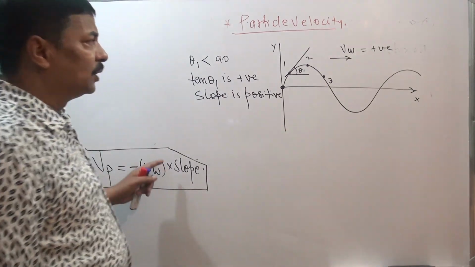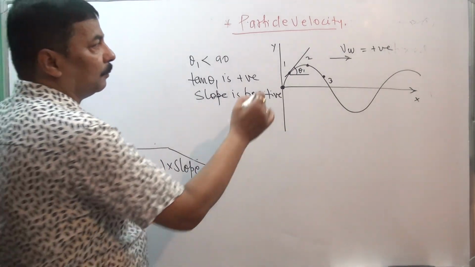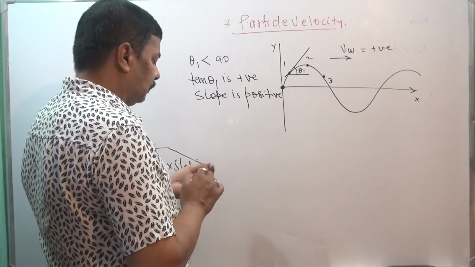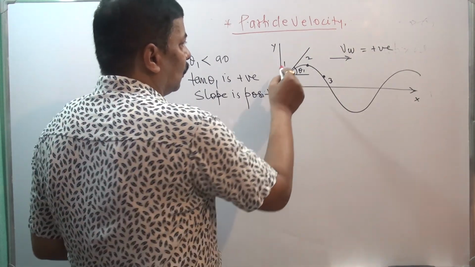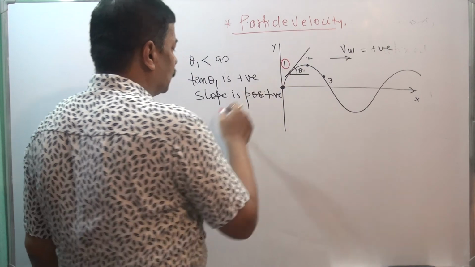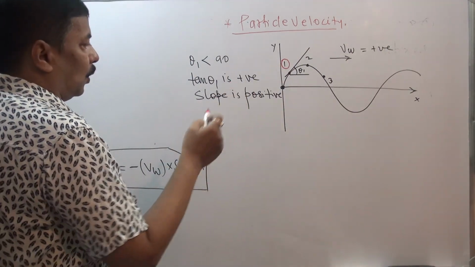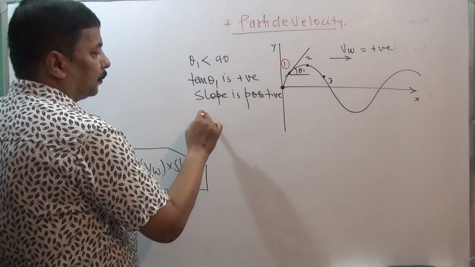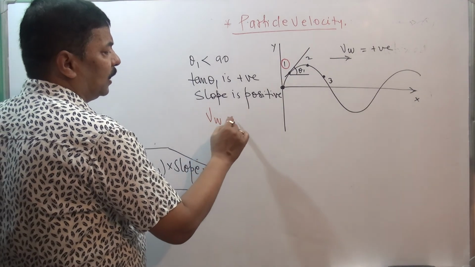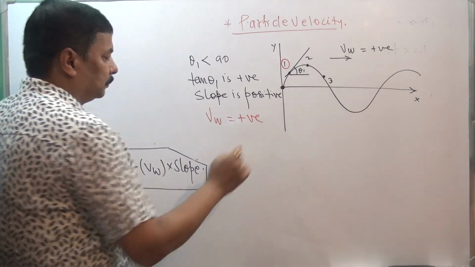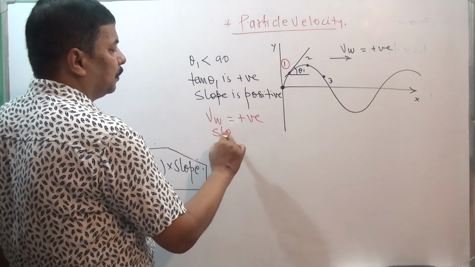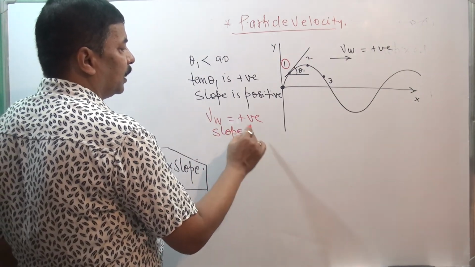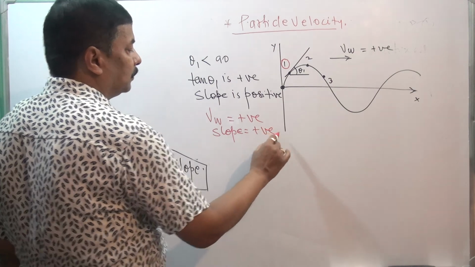Now, use this equation for particle 1. Wave velocity is positive. Slope is also positive.